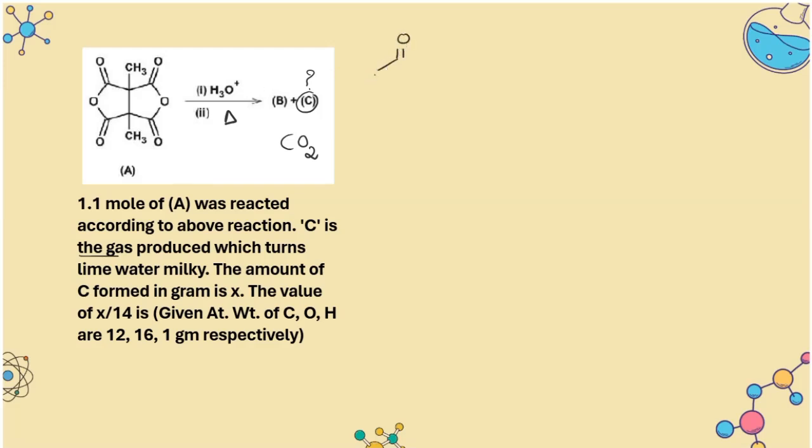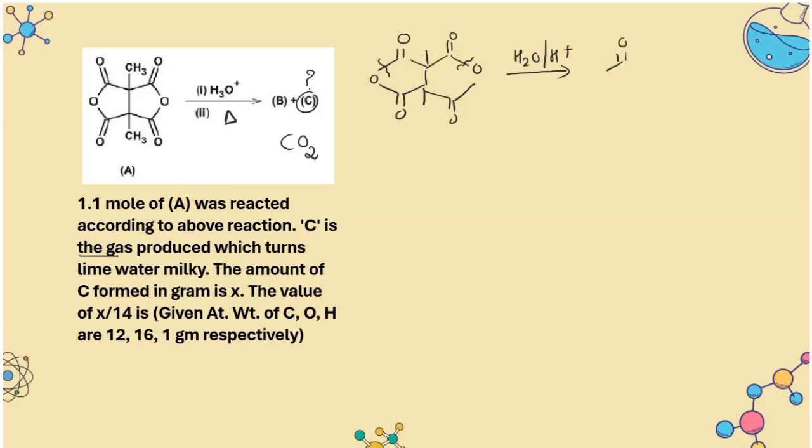Since it is an anhydride, it can easily undergo decarboxylation. So how does that happen? We have to write that because we don't know how many moles of carbon dioxide are produced here. That's the reason. So upon hydrolysis in acidic medium, it's going to open up the ring.